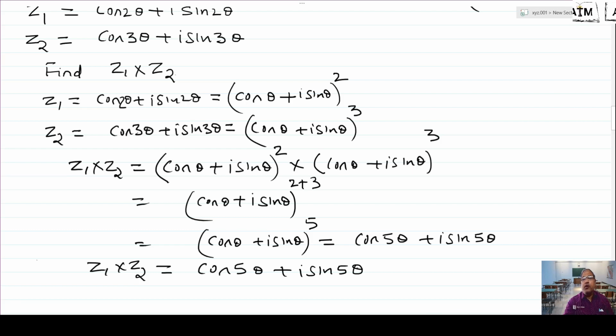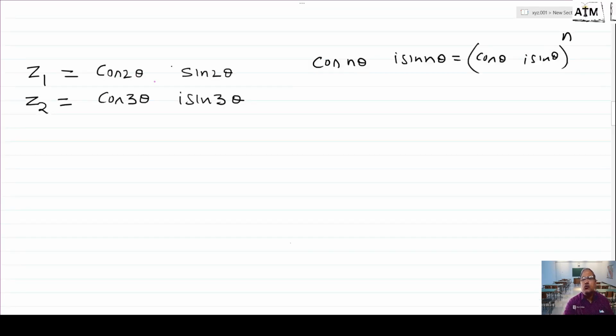Now if there is a minus in between, then how do we multiply the two complex numbers? Suppose z1 equals cos 2 theta minus i sin 2 theta, and z2 equals cos 3 theta minus i sin 3 theta.